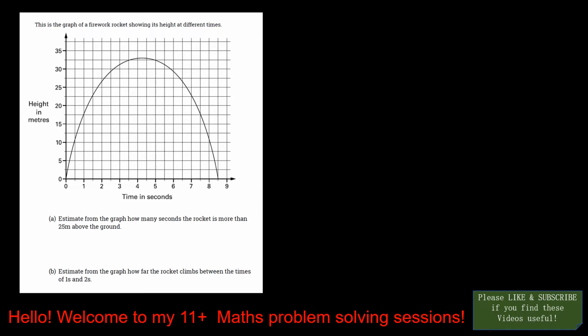Estimate from the graph how many seconds the rocket is more than 25 meters above the ground. Let us look at 25 meters first. Height in meters is on the y-axis, and this is our 25 meters. Now let us draw a line from 25 meters and see where it touches the curve.